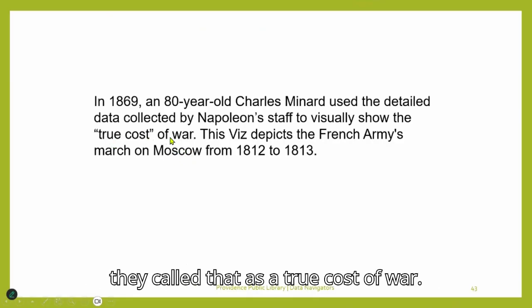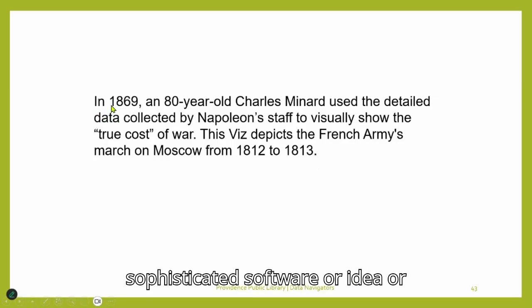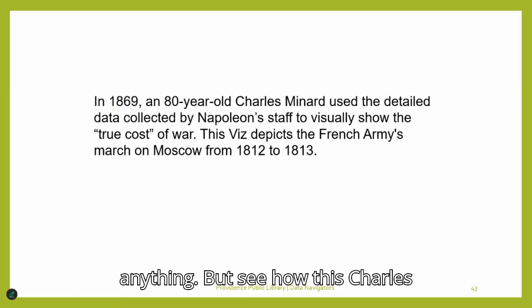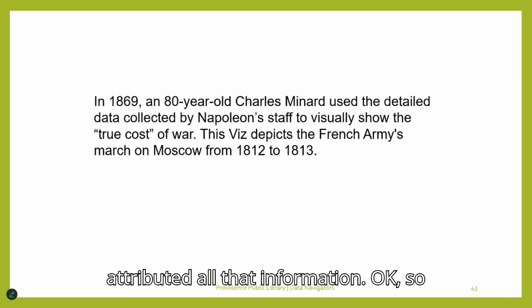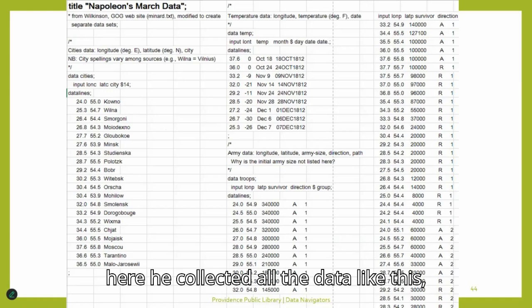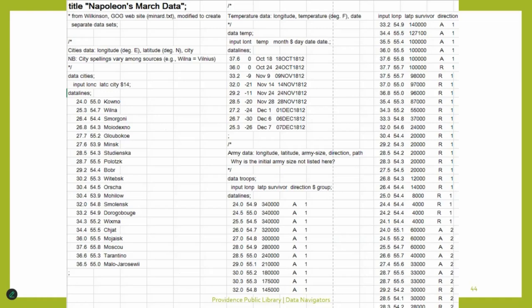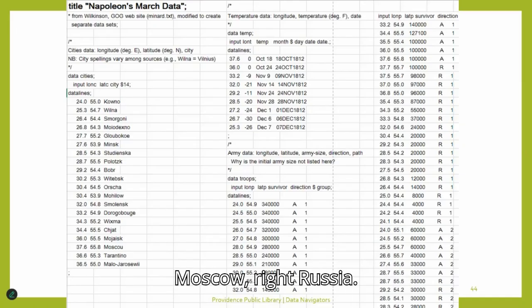They call that the true cost of war. Just one year, 1812 to 1813. Just imagine, in 1869 there was no such sophisticated software, but see how Charles has mapped and attributed all that information. That's what we are going to see here. See here, he collected all the data like this: Napoleon's army when they invaded Moscow, Russia.